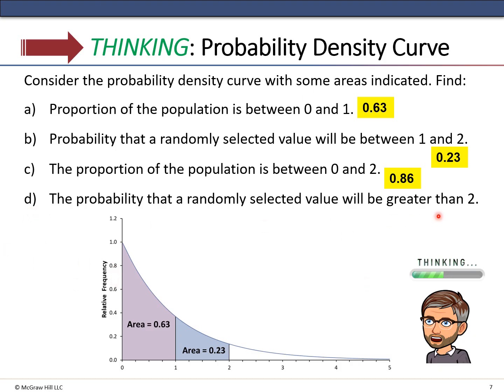The last question is a great question because it gets you to think about all of the information about a probability density curve. Now we're looking at the probability that the value will be greater than 2. So this is the rest of the graph here, and we don't have a value for that area. So how do we solve this?